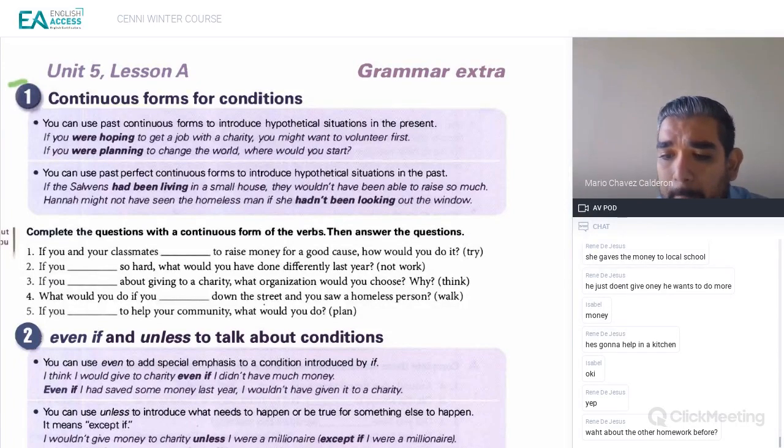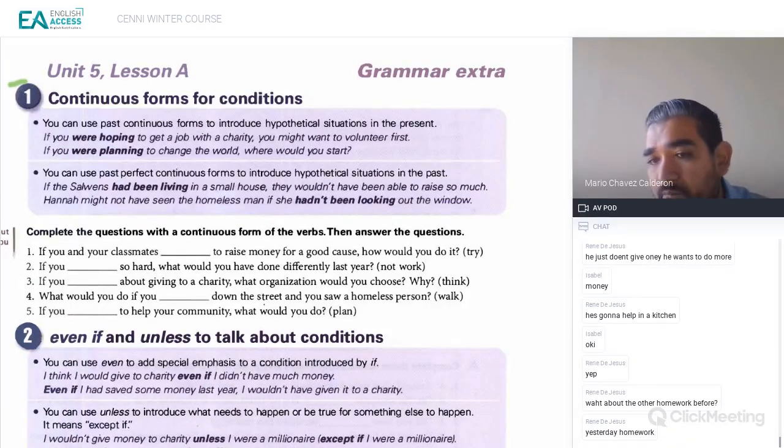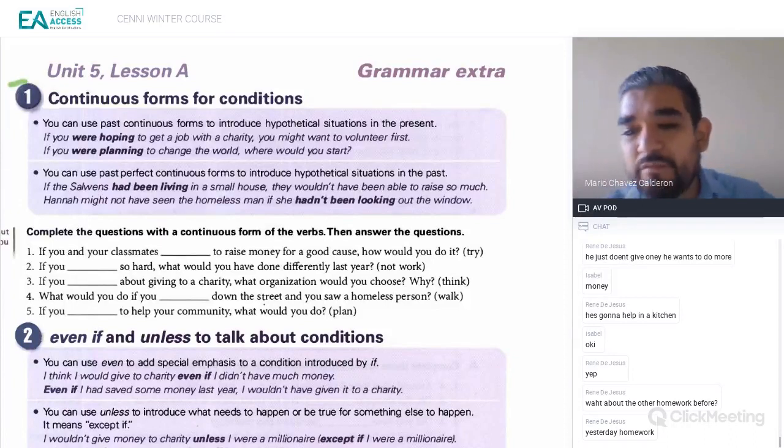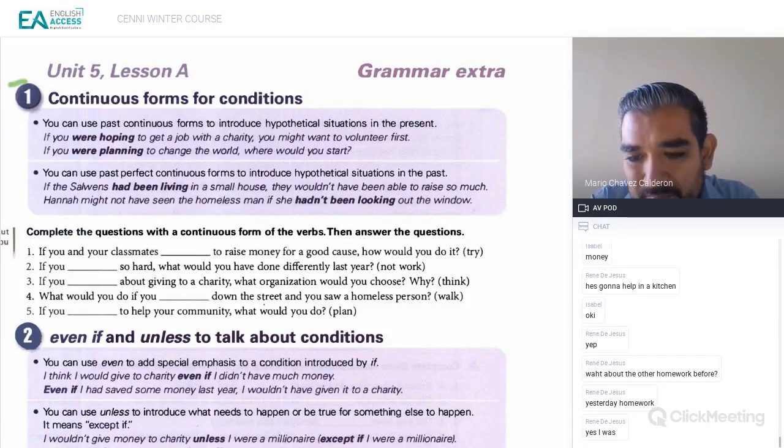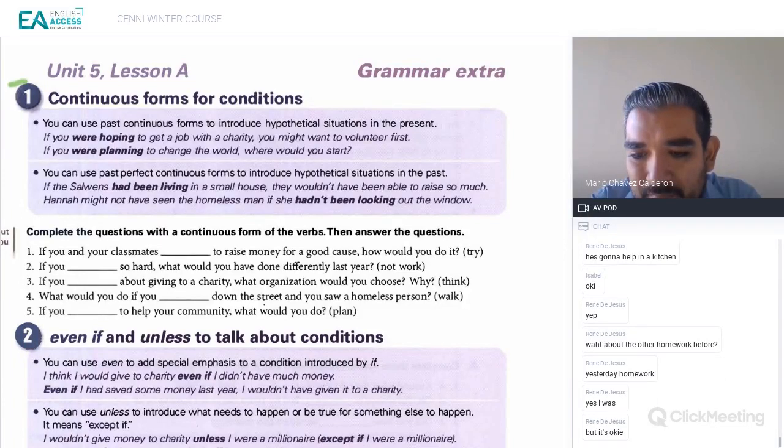What other homework? I don't remember the other homework. We checked it, Renee. We checked it at the beginning of the class. You were not here. We checked it with Isabel. Yeah, we checked it. Oh, what do you mean?